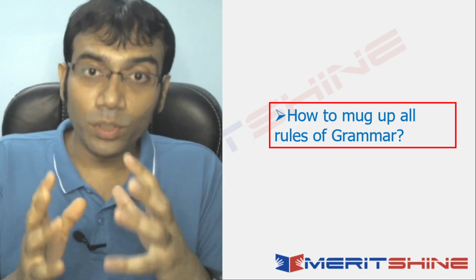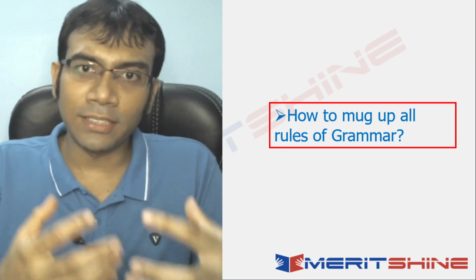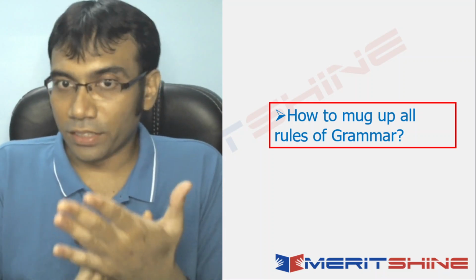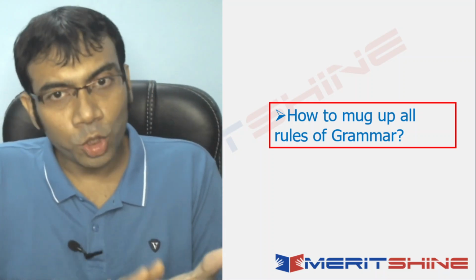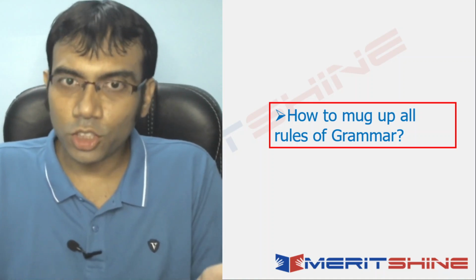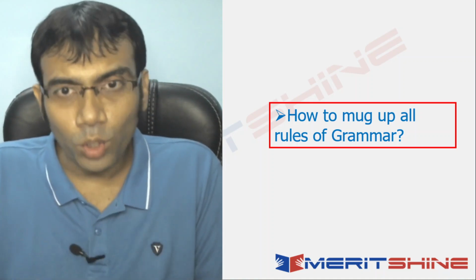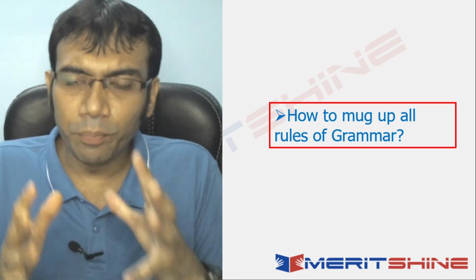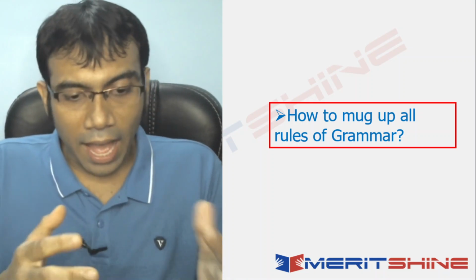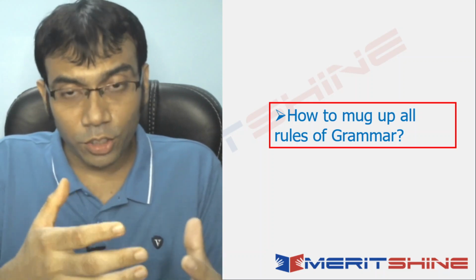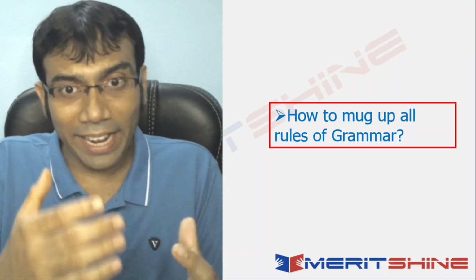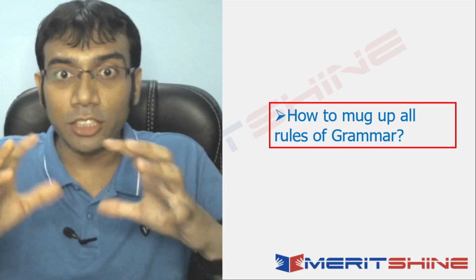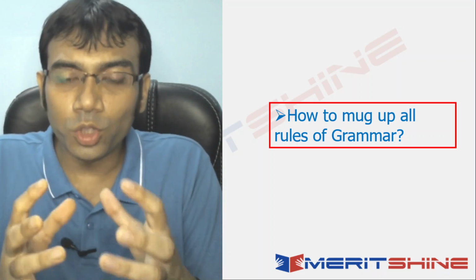Now, how is it different? You might ask, how is it different? Knowing the rules means that you'll have to mug up the rules of grammar. But here is the difference. If you have gone through my grammar playlist, you would have noticed that obviously there are some basic concepts that we should be knowing about grammar, but we always should be trying to take a background based on common sense from where those rules have come.